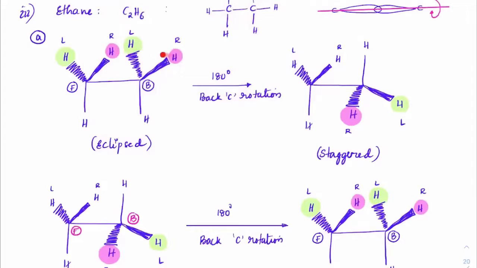Here you can see these two atoms are very close, here these two atoms are very close, but now they are far. Now the distance between the atoms has increased. So you are only changing their distance by rotation.